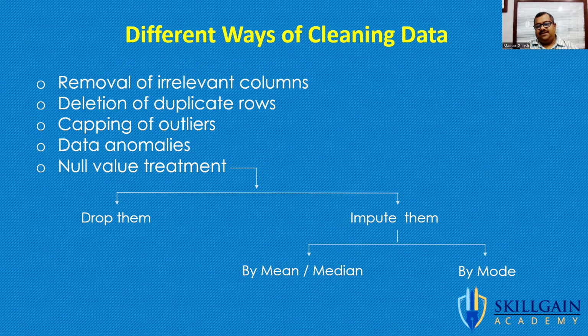So in normal cases, we impute the null values by mean if the column is numerical, and by median when extreme values are present. And if the column has categorical values, then we replace by mode. Mode means the most frequently observed level of that particular column.